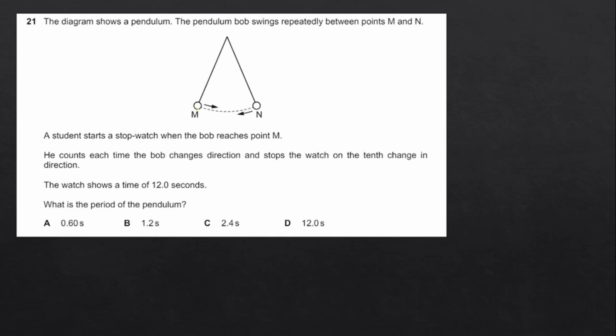If the person counts twice, then it is one complete oscillation. Now let's check how many times he counted. There were 10 changes in direction, which means there were 5 oscillations.